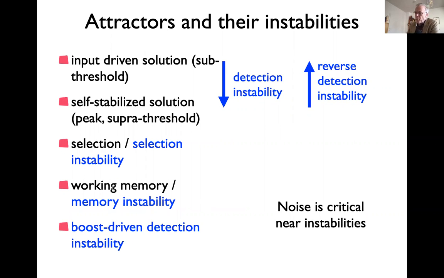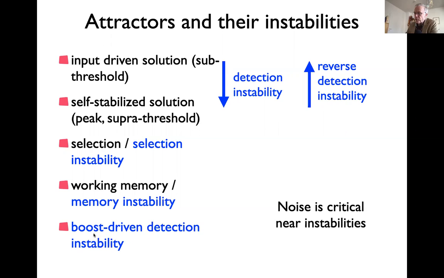And then there is working memory, which comes with its instability. The instability in the working memory consists of the reverse detection instability disappearing. So if you have some change of parameter so that the reverse detection instability happens at 0 or less than 0 input, then you will have effectively gone from a field that does not have working memory to a field that has working memory.